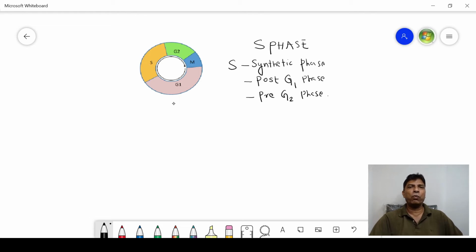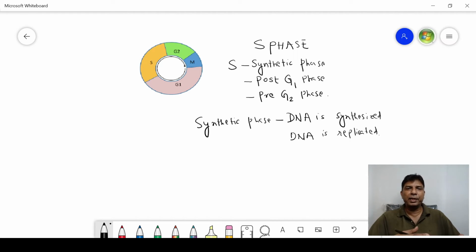Now let us see why this name synthetic phase is given. It is called synthetic phase because in this phase DNA is synthesized, or we can say DNA is replicated.